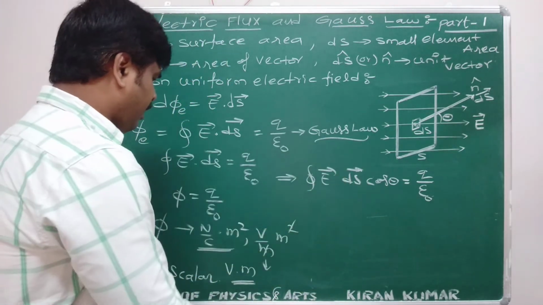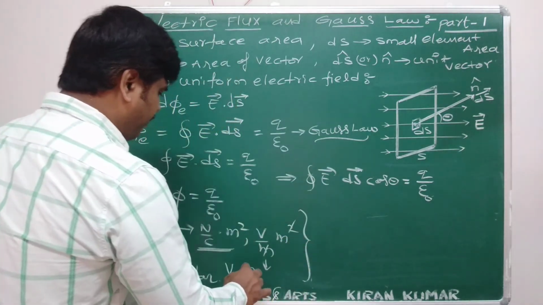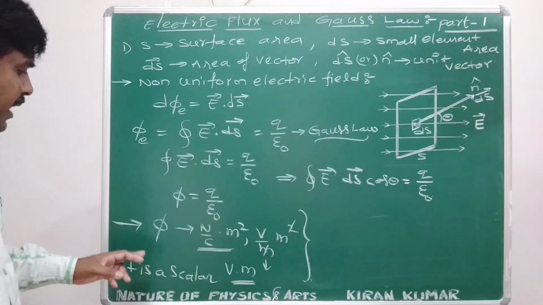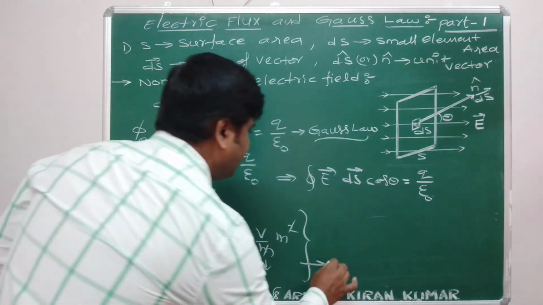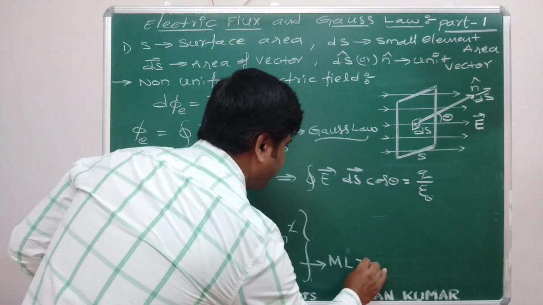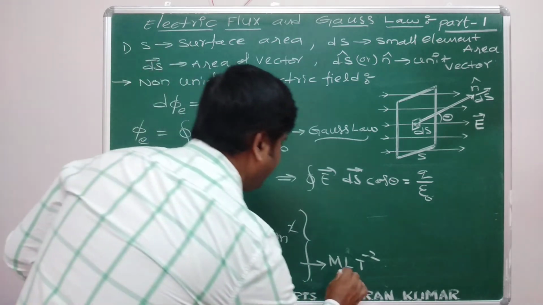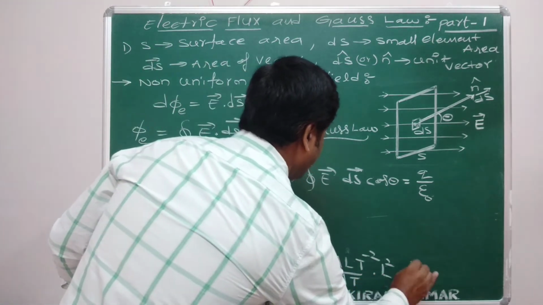And one more point we have to discuss is the dimensional formula of the electric flux. The dimensional formula: Newton is M L T to the power of minus 2, divided by Coulomb, which is A T, and this is L square.